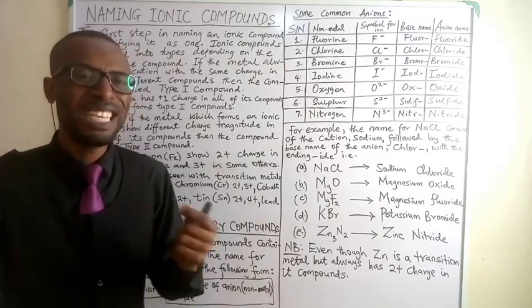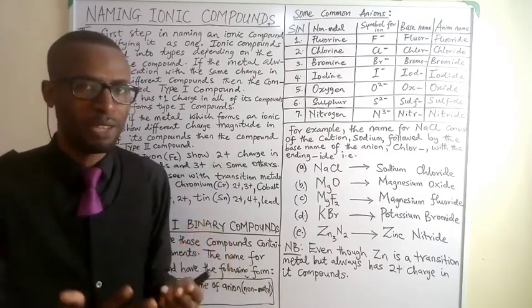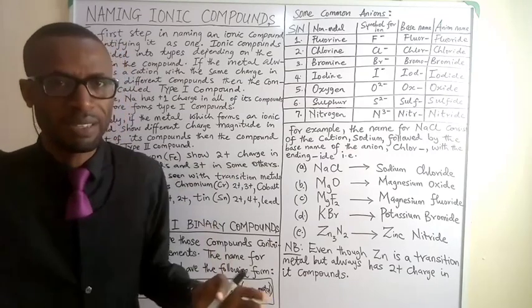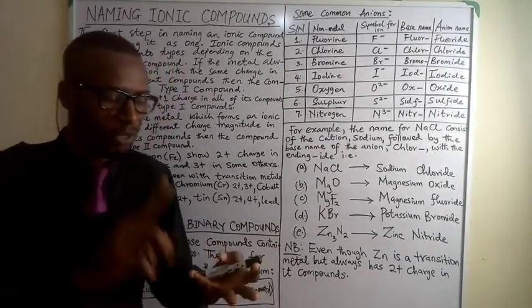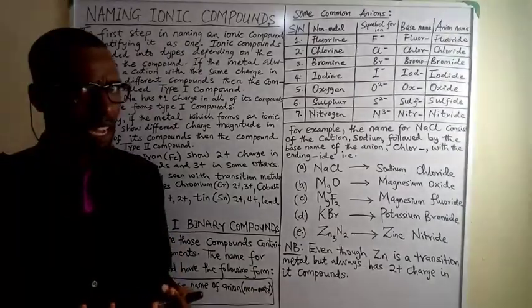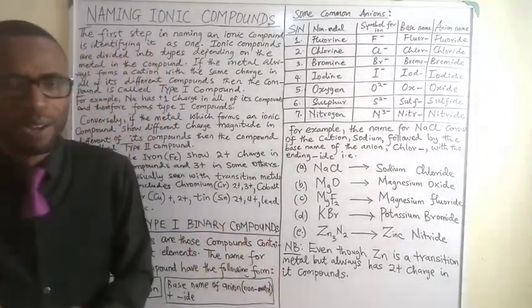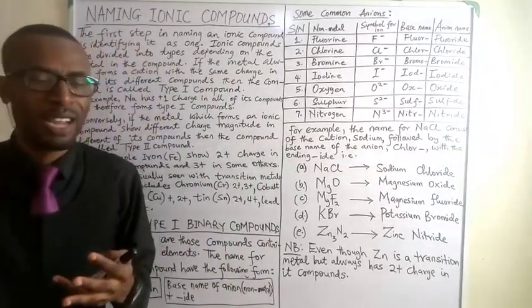A water molecule is a covalent compound, because these two comprise two different elements. So a water molecule is a binary compound, and sodium chloride is a binary compound. From what I just explained, you will agree that we have binary ionic compounds and we have binary covalent or molecular compounds.